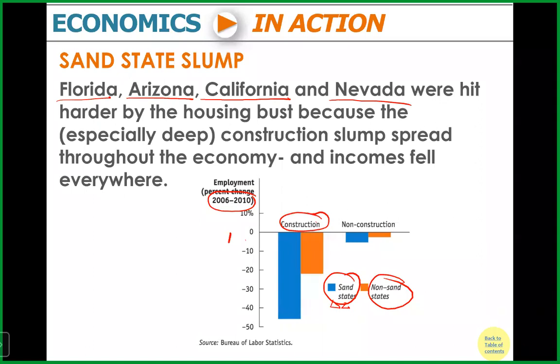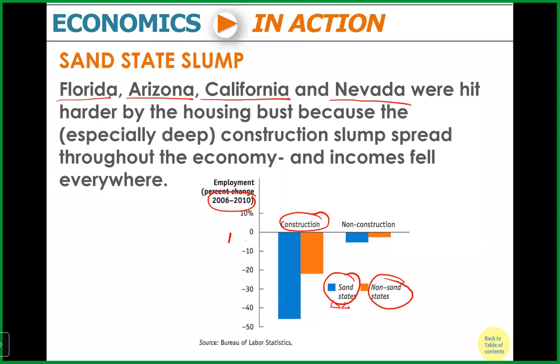All right, but then if the housing market collapses, those sand states suffer more because usually there's lots of excessive investment, like people buying second homes or vacation houses, right?